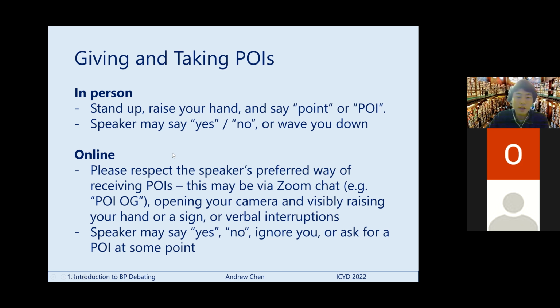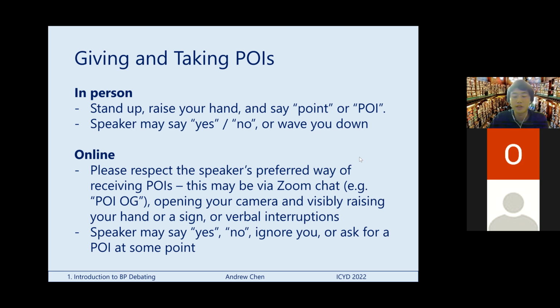For an online environment, what you should do is you should respect the speaker's preferred way of receiving POIs. And this is sort of the consensus that has come about because everyone's on different forms of technology and some things are easier for certain people. So before your speech, you might want to state your POI preference. So that might be receiving points of information via the Zoom chat.